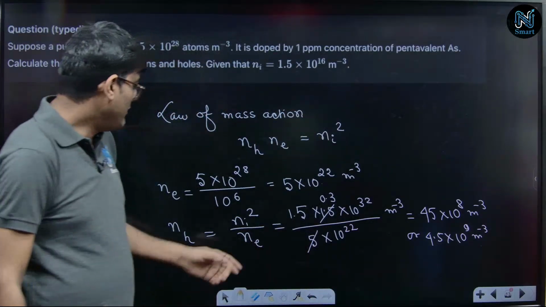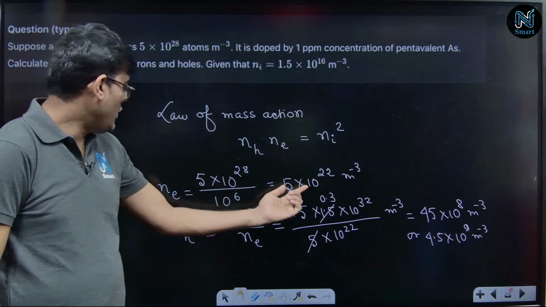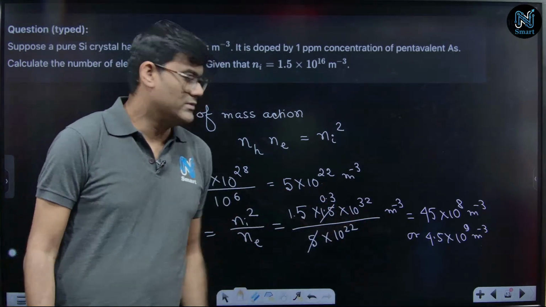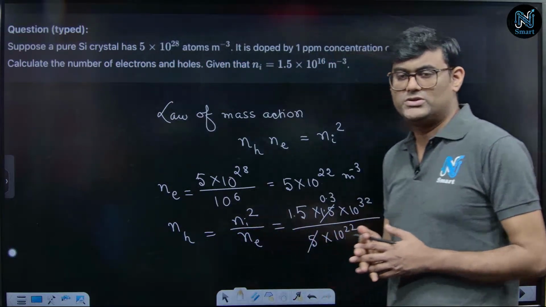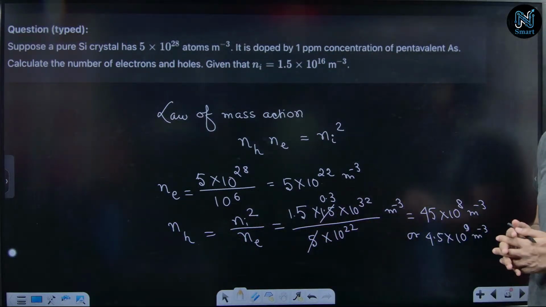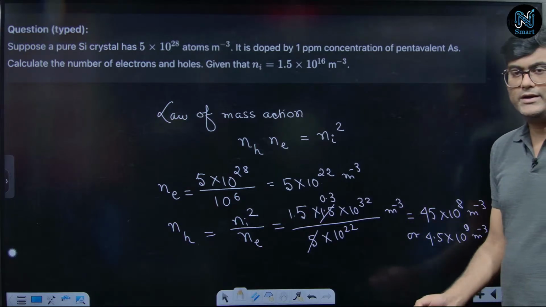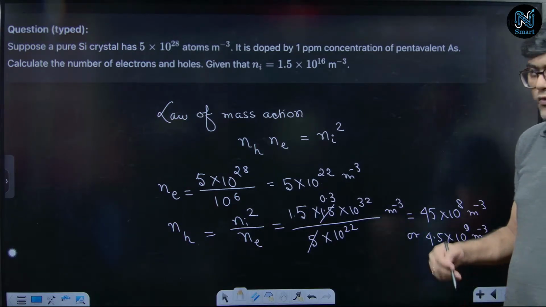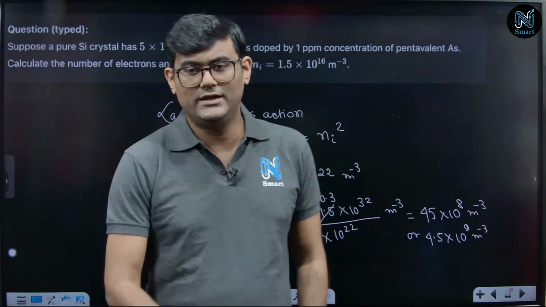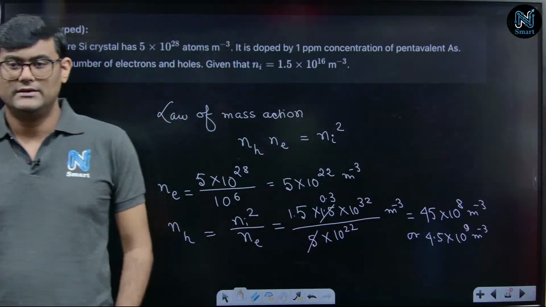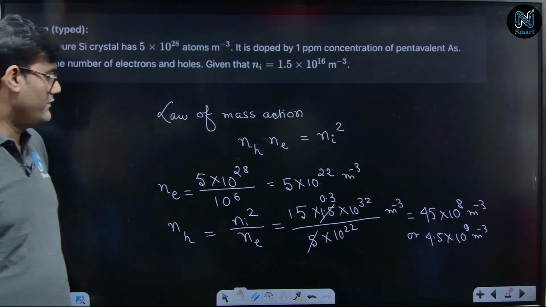You can see the concentration of the electron and concentration of the hole, as it is an N-type semiconductor. We already mentioned in our discussion in last class that in N-type semiconductor, the concentration of holes is much less than concentration of electrons, and here in this example you can see that these concentrations are actually very small, right?